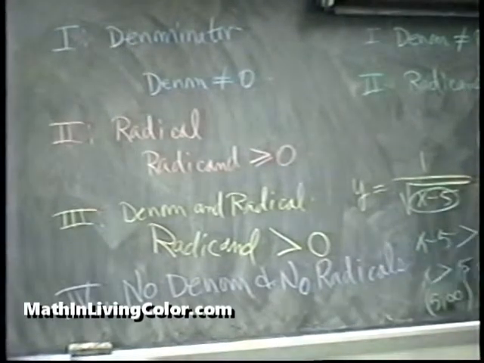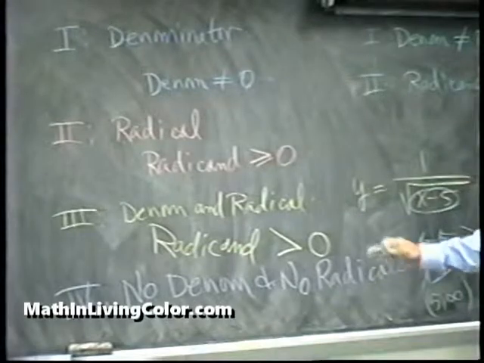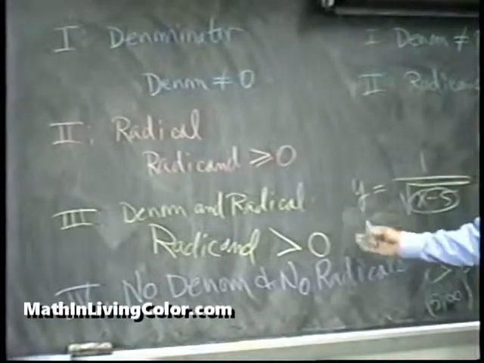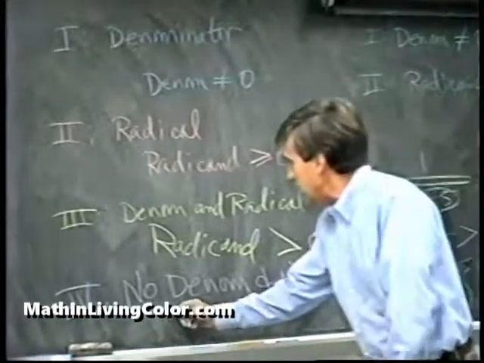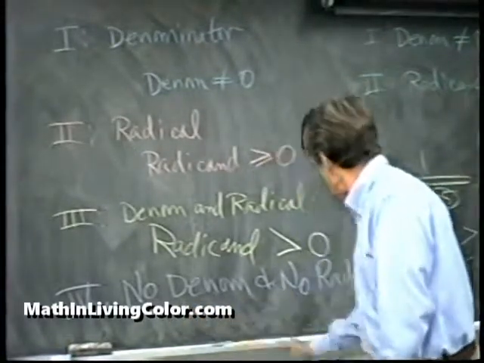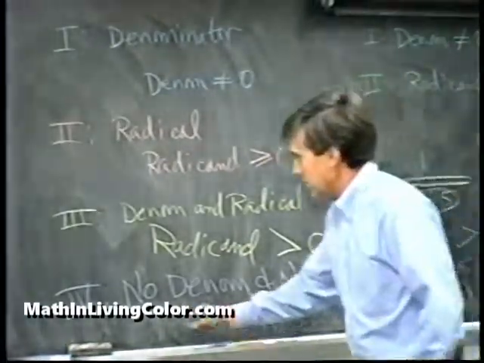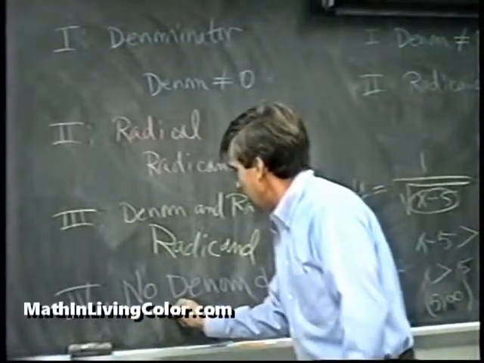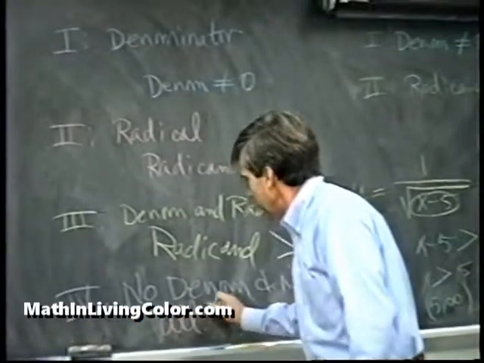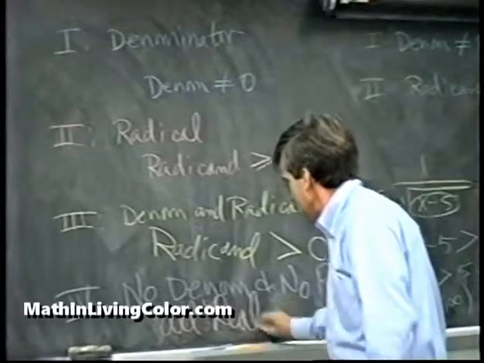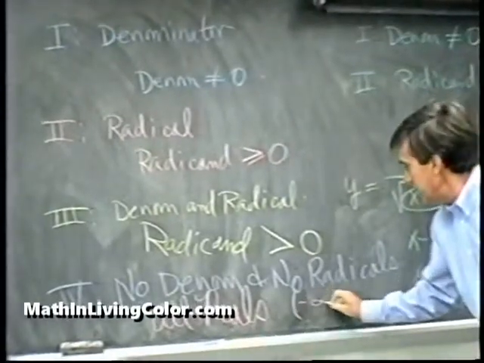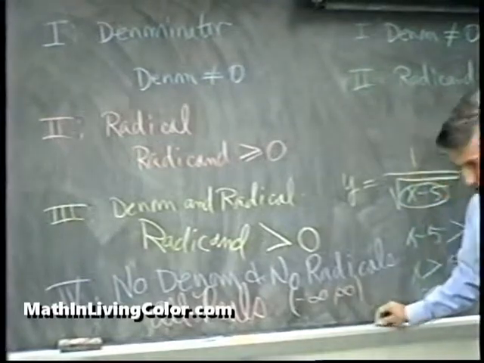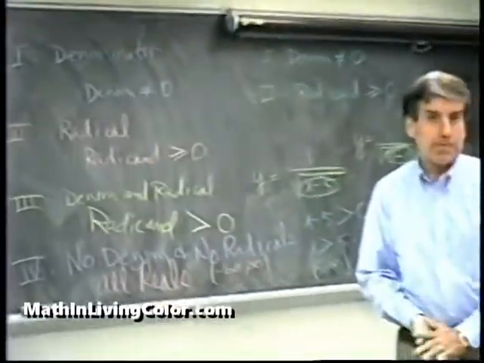There are no restrictions. Now, if there are no restrictions, what's allowed? Everything. If there are no restrictions, then everything's allowed. So what's the answer automatically? It'll be all reals, all real numbers. And that would be from negative infinity to positive infinity. Any questions on that?